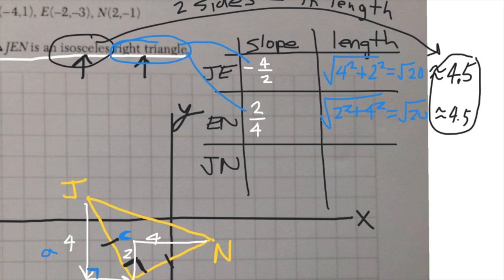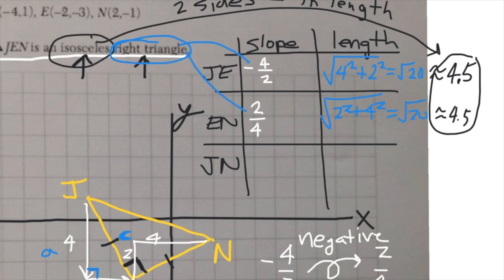One slope is negative 4 over 2, and the other one is completely upside down with a different sign. It's positive 2 over 4. And that's a way to recognize negative reciprocals. Whenever you see negative reciprocal fractions for the slopes, you know that you're dealing with two segments that are perpendicular to each other.